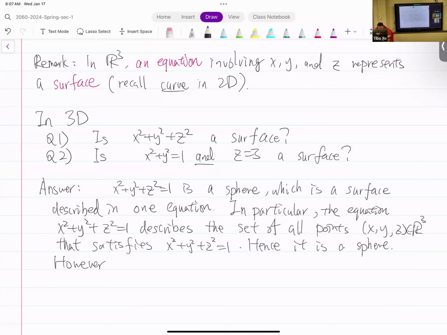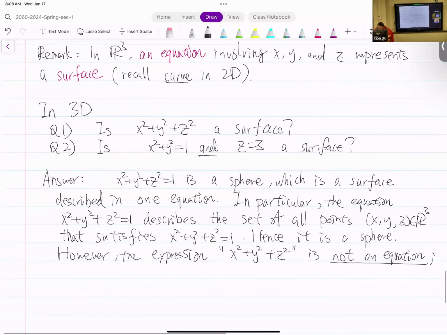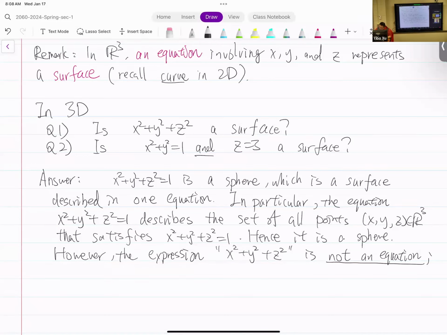But if there's no equal sign, the expression only is the sum of the components squared, it is not an equation. So it is not a surface.